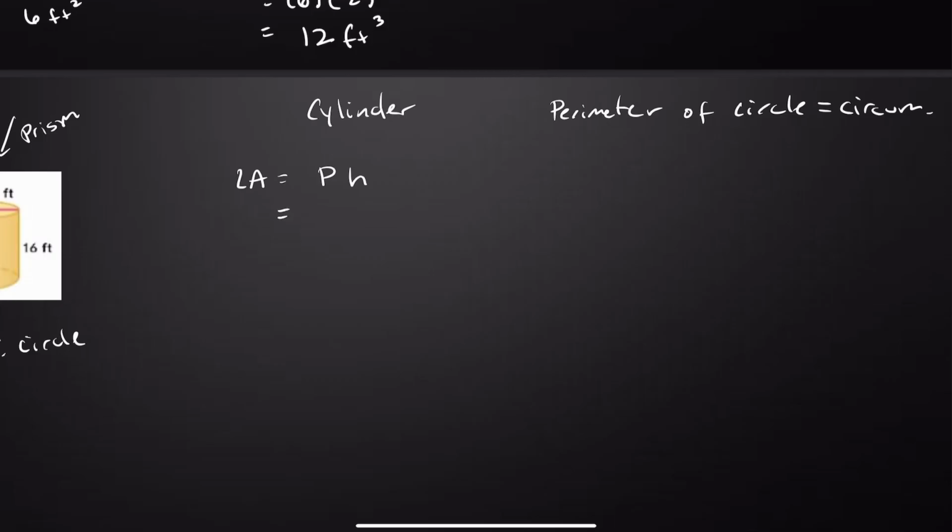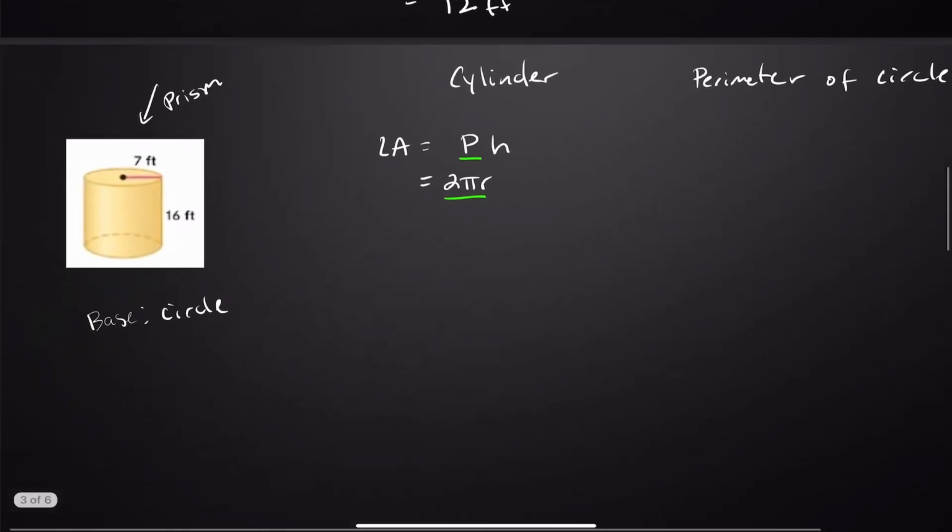So I can say P in this regard is 2 pi r. So P is 2 pi r in terms of a circle. And we're multiplying this by the height of the prism.